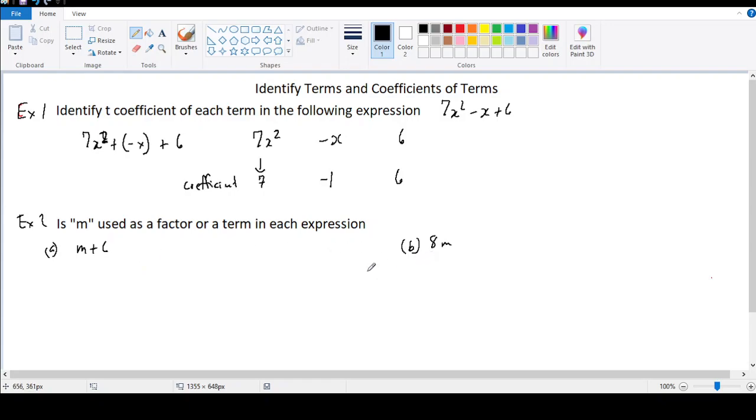An addition symbol separates expressions into terms. Multiplication does not separate into terms. A factor is a number being multiplied, which is this one here. So since m is added to 6, then m is a term of m plus 6.